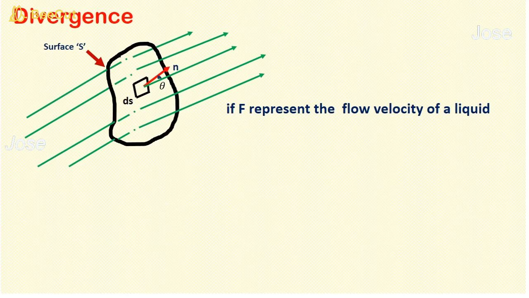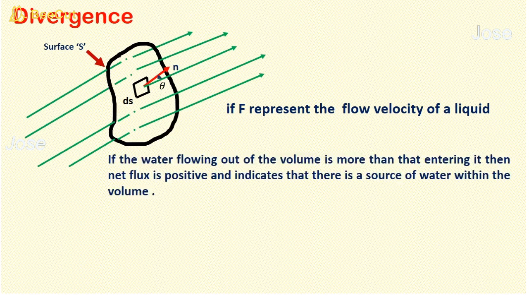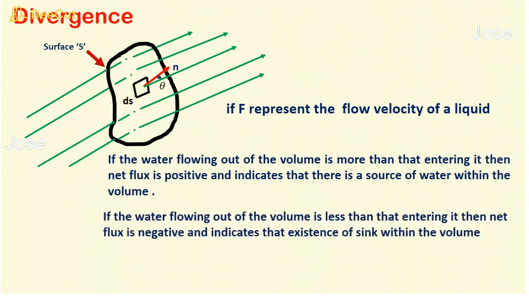If F represents the flow velocity of a liquid, and if the water flowing out of the volume is more than that entering it, then the net flux is positive and indicates that there is a source of water within the volume. And if the water flowing out of the volume is less than that entering in, then the net flux is negative and indicates the existence of a sink within the volume.